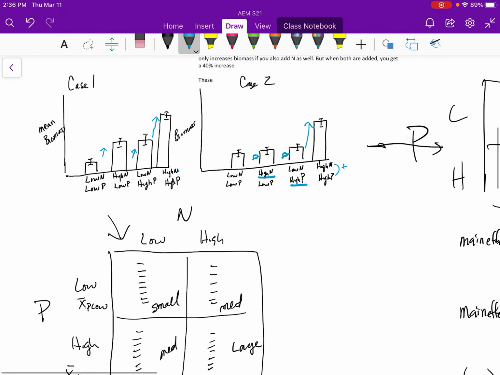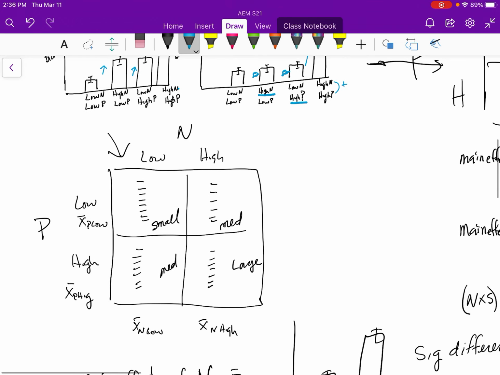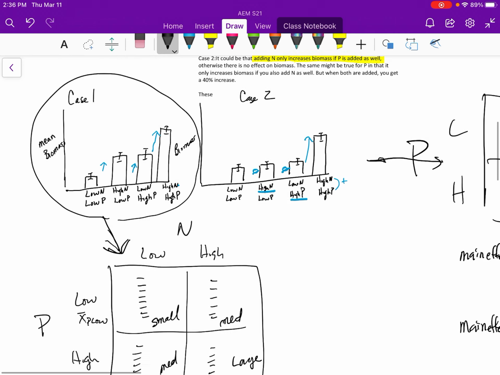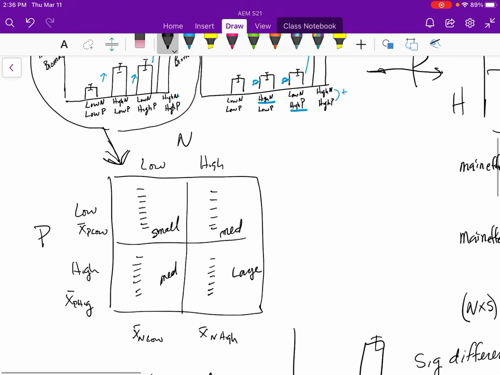Let's take a look again at how that might look in the data. So in this case, I'm going to bring over this data from over here, and I'm going to look at case 1, and we're going to say, okay, what does case 1 look like? So I redraw my data set, and I put my 10 samples in each square. And this time, though, I'm going to highlight on here that I'm going to look at how big the means will be. We know that low and low will make the smallest.